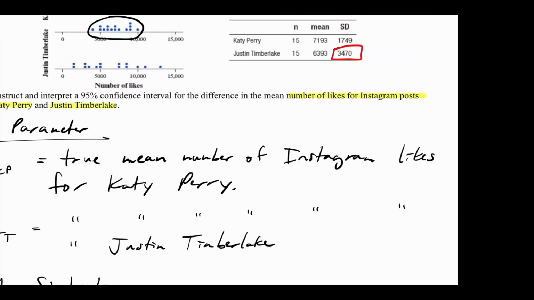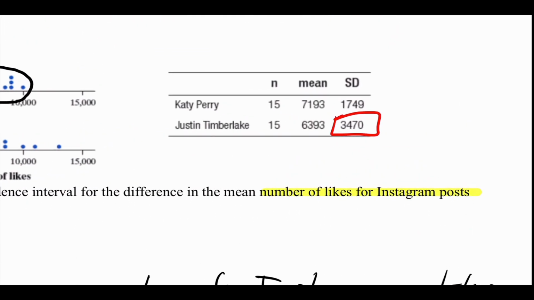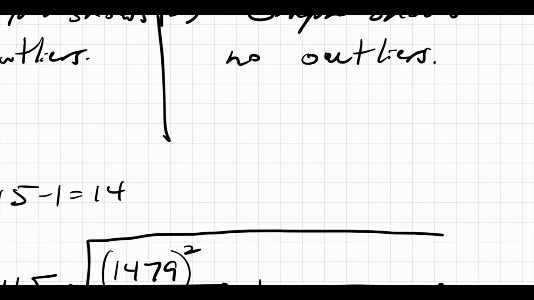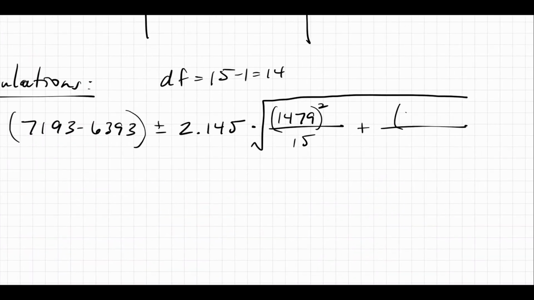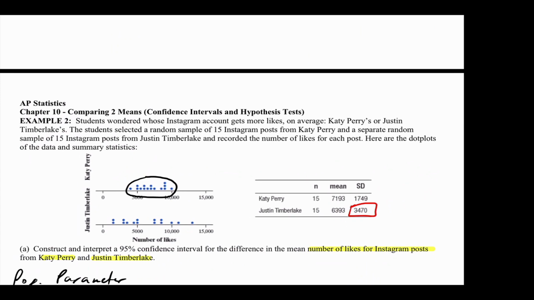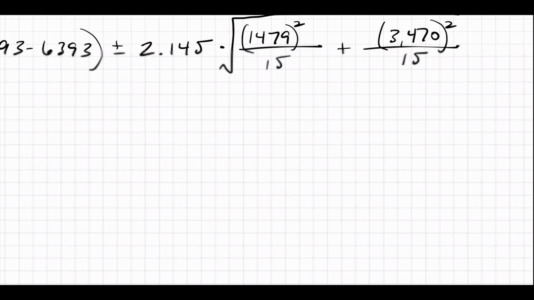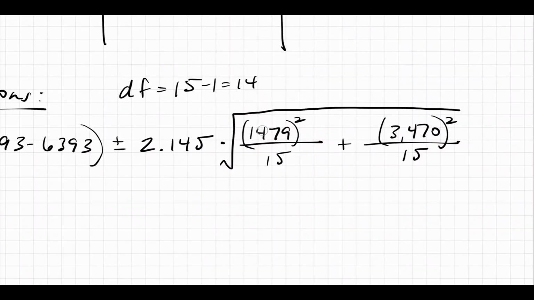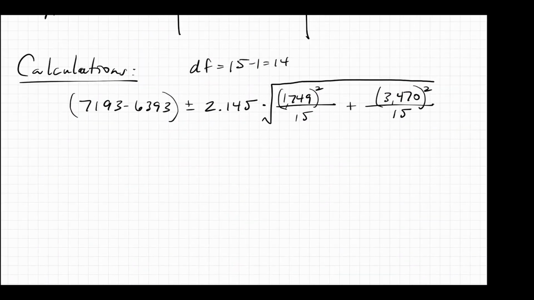The second one, Justin Timberlake's standard deviation, is 3,470 squared, and he had 15 in his sample size. It's 1,749. Did I use the wrong one? 1,749. Yep.